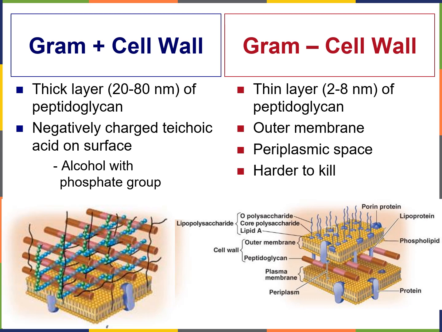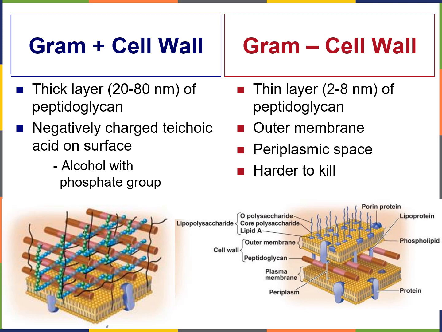Okay, now let's compare and contrast gram-positive cell walls versus gram-negative cell walls. We touched on this in the last chapter because we were talking about gram stains and how gram stains worked. Remember, gram-positive cells have a very thick layer of peptidoglycan.